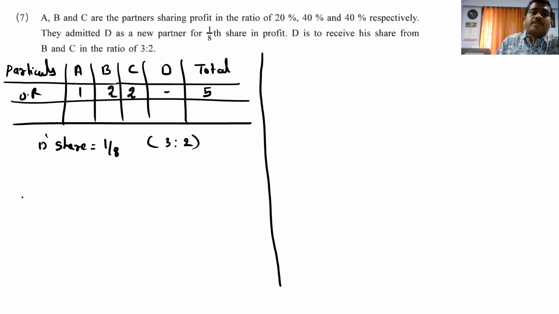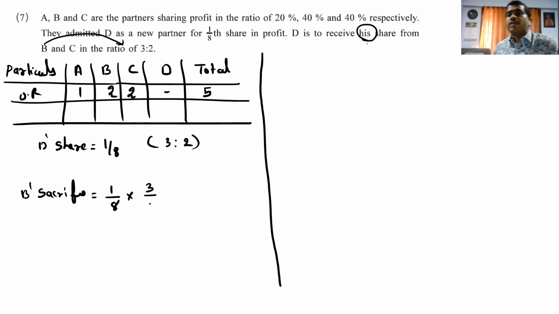From B and C. So A is not sacrificing. B sacrifice is equal to, what is the wording? D is to receive his share. So what is the D share? 1 by 8 into from B and C. How much is B ready to sacrifice? 3:2. You are getting how to do this.